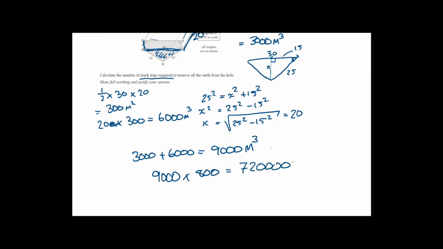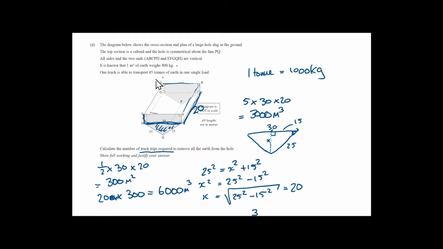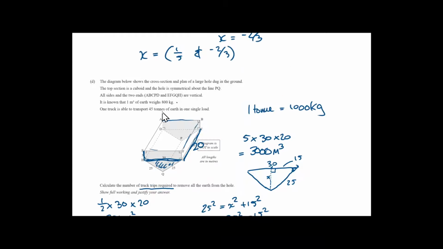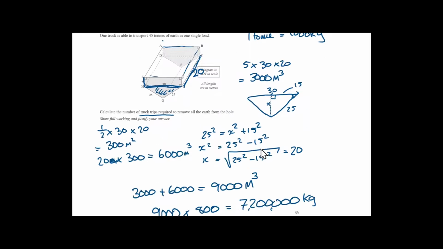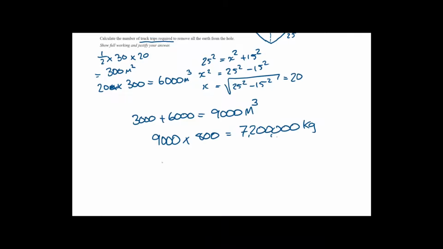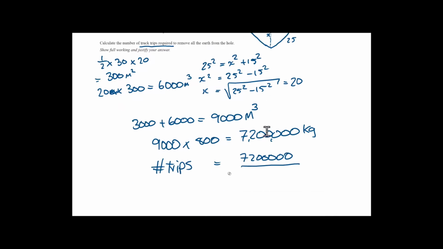So 7.2 million kilograms. And we know that each truck carries 45 tons, which is 45,000 kilograms. So the number of trips, which is our final thing that we're trying to work out, is going to be this number here, 7,200,000, divided by 45,000.